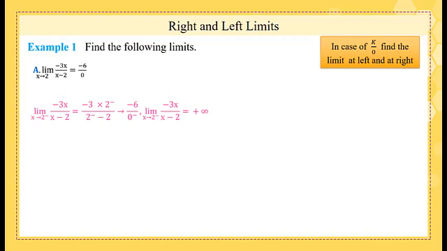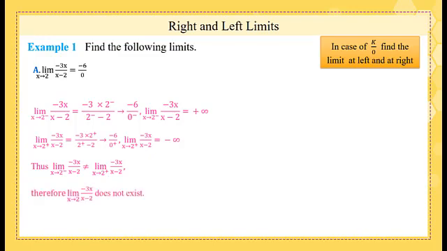At left, the limit as x tends to 2 minus of minus 3x over x minus 2 will give us minus 6 over 0 minus, which will give us plus infinity. While the limit at right, as x tends to 2 plus, of minus 3x over x minus 2 is minus 6 over 0 plus, which is minus infinity. In this case, the limit at left does not equal the limit at right, so we say that the limit does not exist.